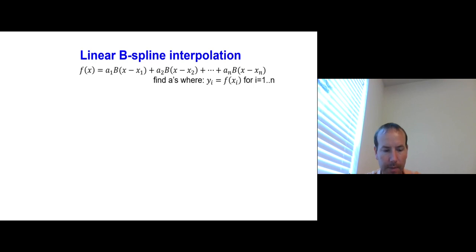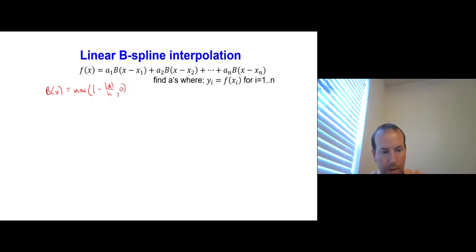So what does B-spline mean? Well, the B stands for basis function, and the basis function that we're going to be looking at looks like the following. So it's B(x) equals the max of 1 minus |x|/h, and 0.